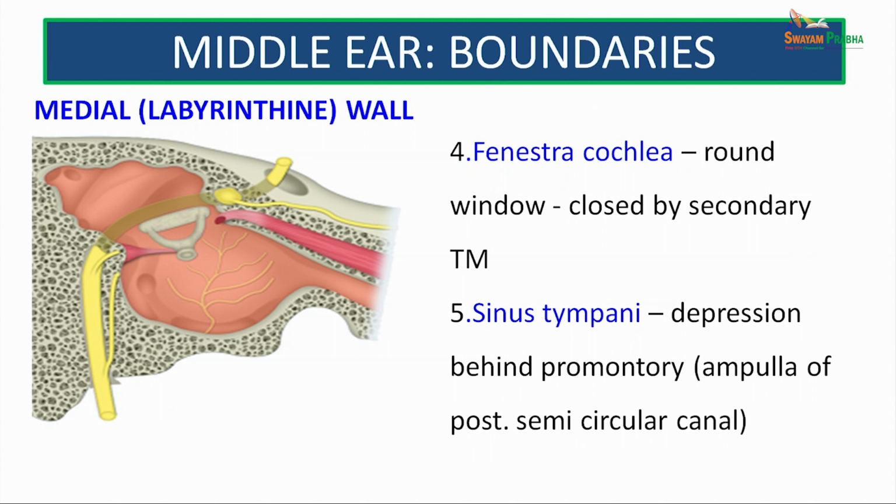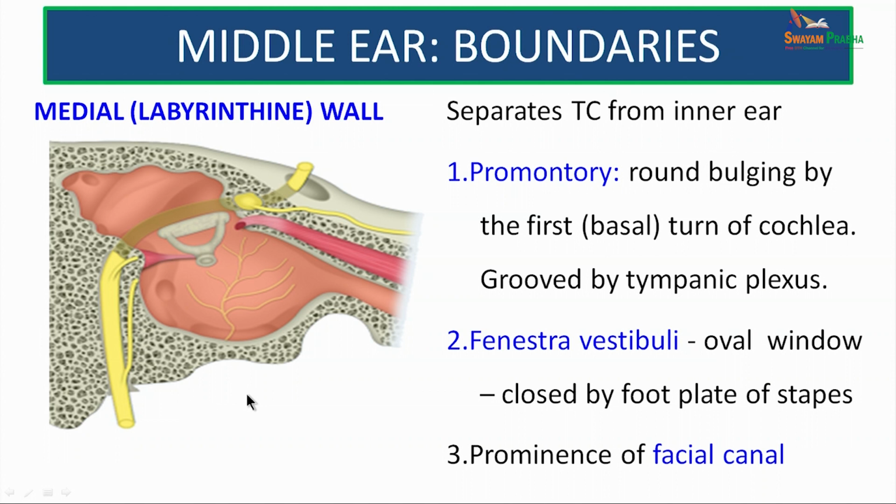Now, to talk of the medial wall, which is also called the labyrinthine wall. This separates the tympanic cavity from the inner ear. The most striking feature of the medial wall is the promontory, which is a round bulge formed by the first basal turn of the cochlea.